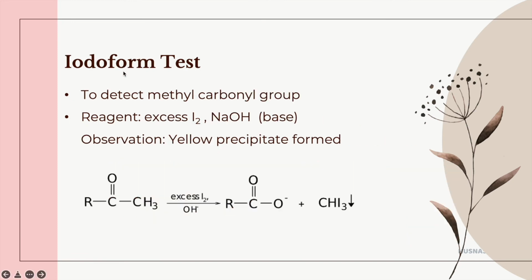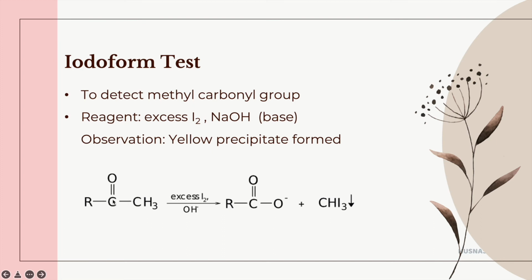Next, the iodoform test. The iodoform test detects methyl carbonyl. In alcohol, the iodoform test detects methyl carbinol, but in carbonyl compounds, it detects methyl carbonyl. It uses the same reagent as in alcohol: excess iodine and NaOH. Observation: yellow precipitate forms.